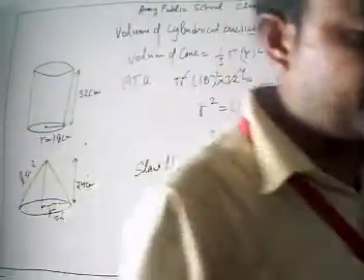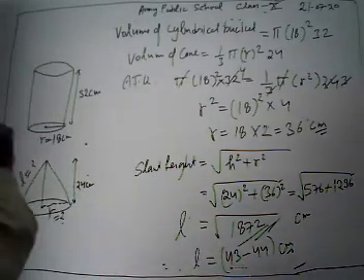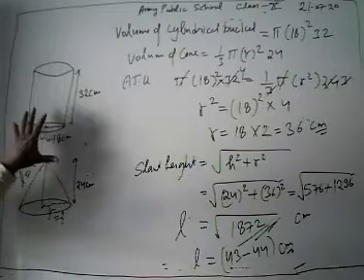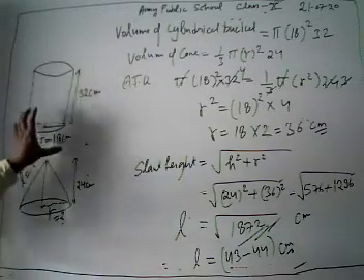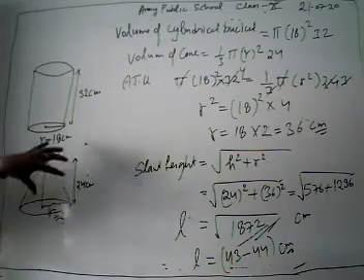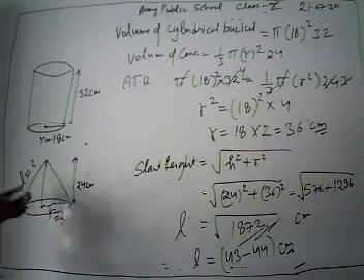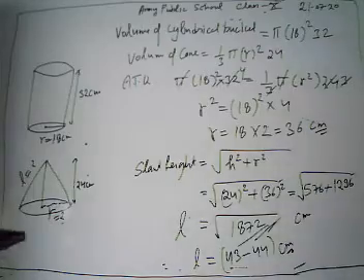Now I'm going to revise again. Please calculate this slant height by taking the square root of these values. We have a cylindrical bucket full of sand, and the sand is emptied on the ground and forms a conical heap of height 24 centimeter. We have to find the radius of the conical heap and its slant height.